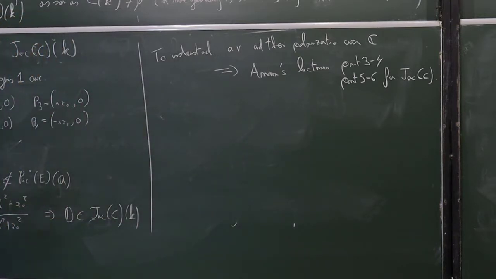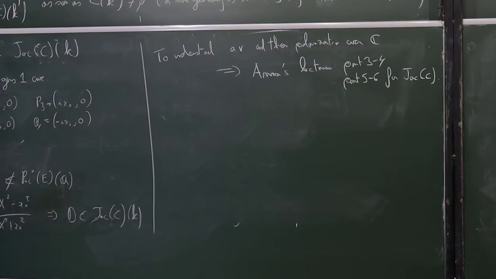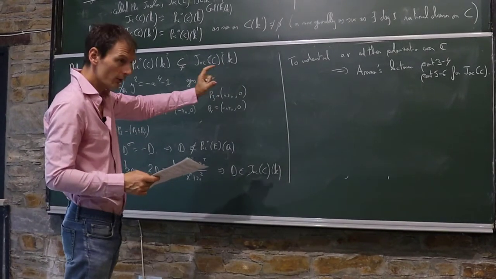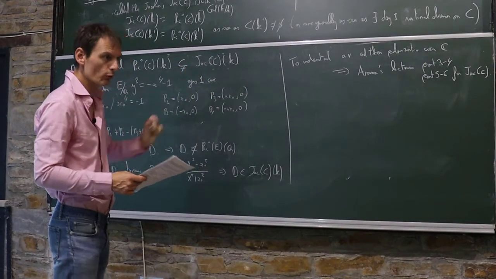And you will see that there is still another way to see this Pic 0 of C as a certain torus. So this is nice, and somehow it is sufficient for getting the intuition.